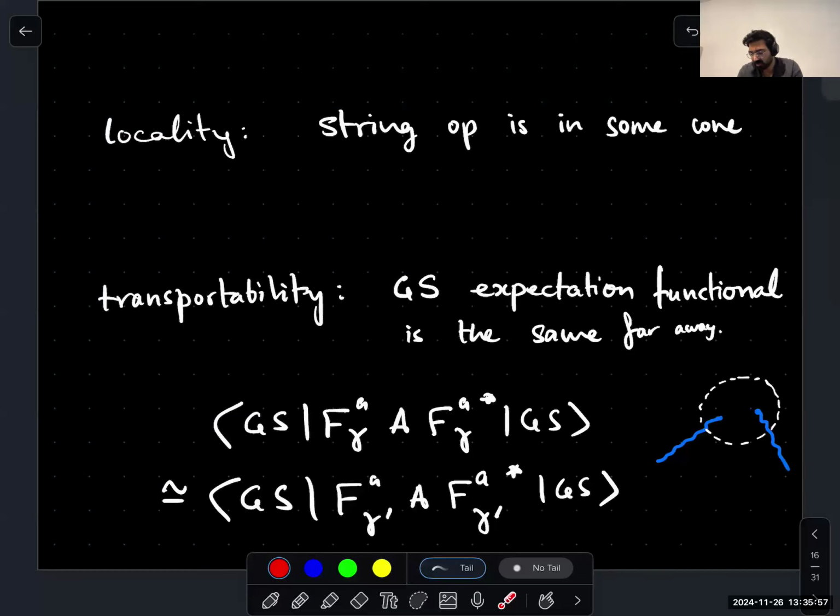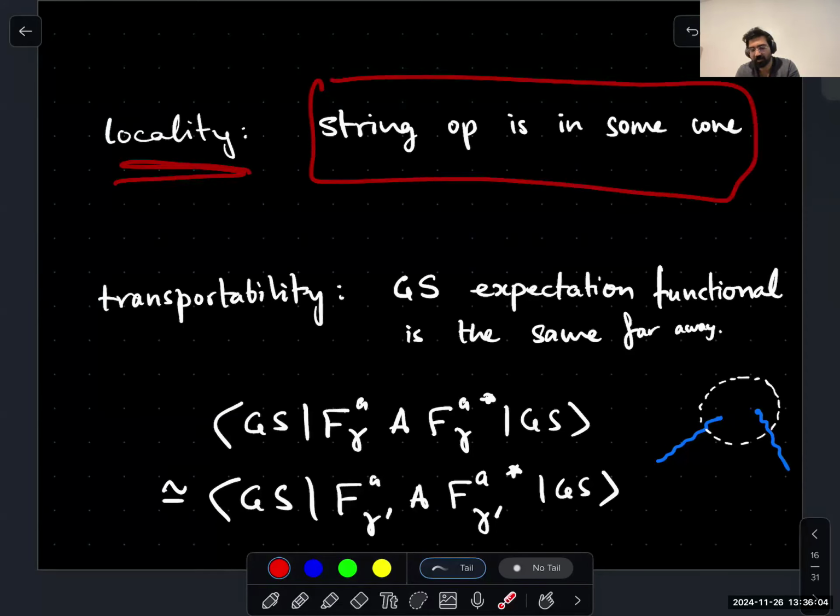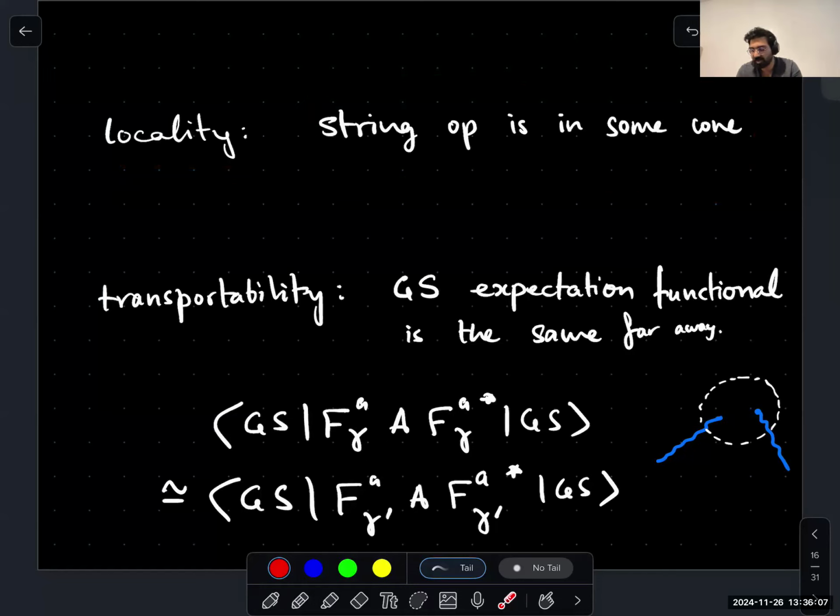So here's the physical interpretation for what locality and transportability mean. Locality means that the string operator, or some more complicated object that might have resulted in the anyon, lies inside some cone. Transportability says something similar: let me redraw this diagram slightly.